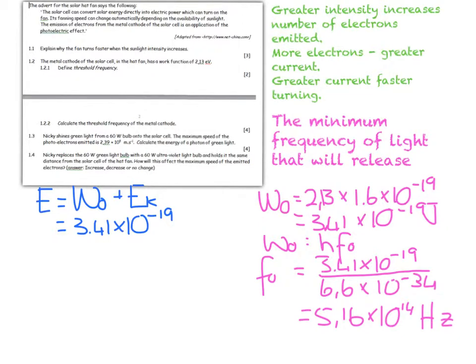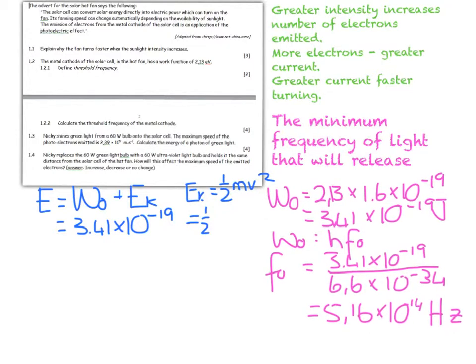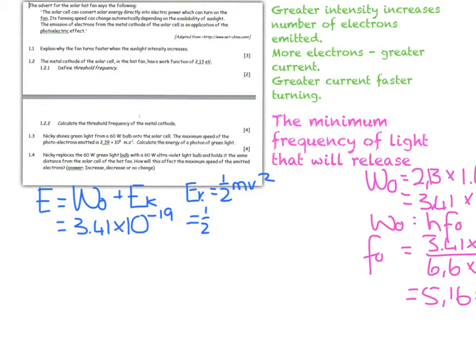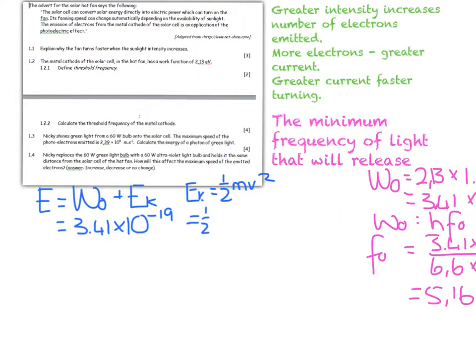So let's do that. EK is equal to a half mv squared. I'm given the half. The mass of an electron is on the information sheet, and therefore we are able to substitute it in. It is 9,1 times 10 to the negative 31.